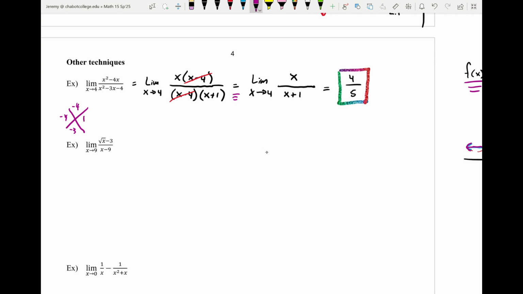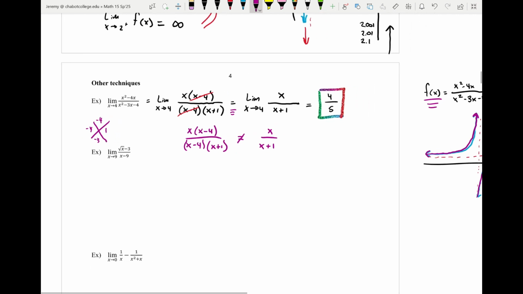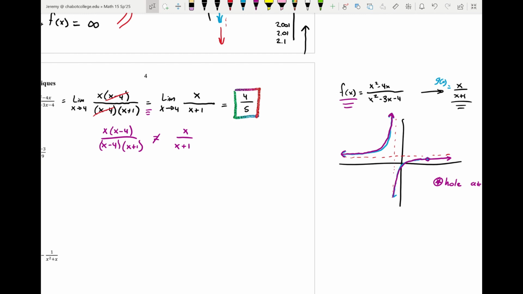However, it turns out that without the limit sign, x times x minus 4 over x minus 4 times x plus 1, without the limit sign, is not equal to x over x plus 1, right? Because we see that graphically they're different graphs, right? They're pretty much the same, except this one has a hole in the graph at x equals 4.